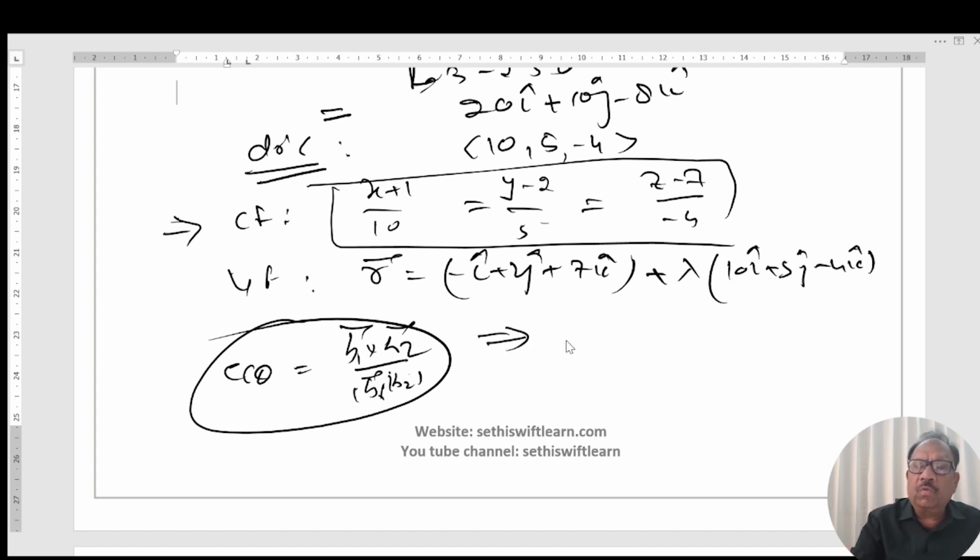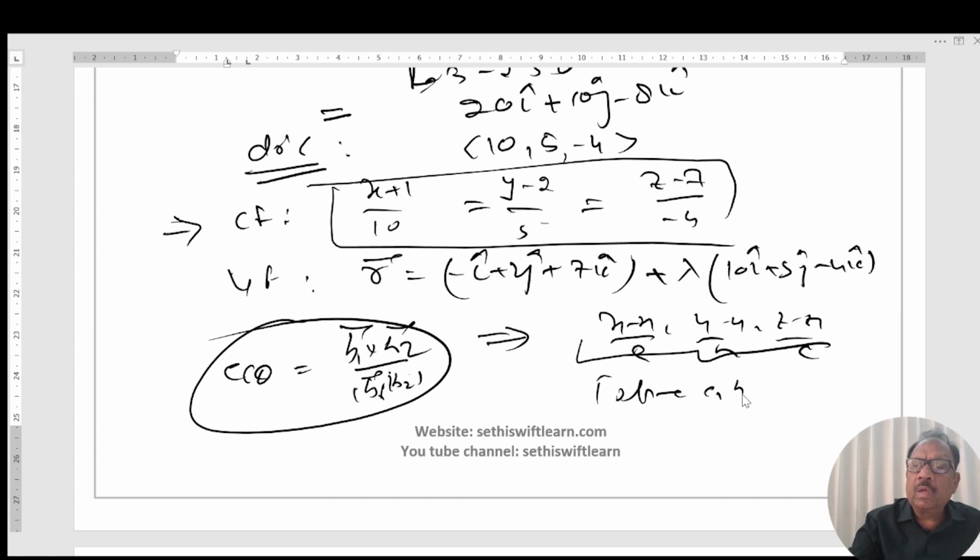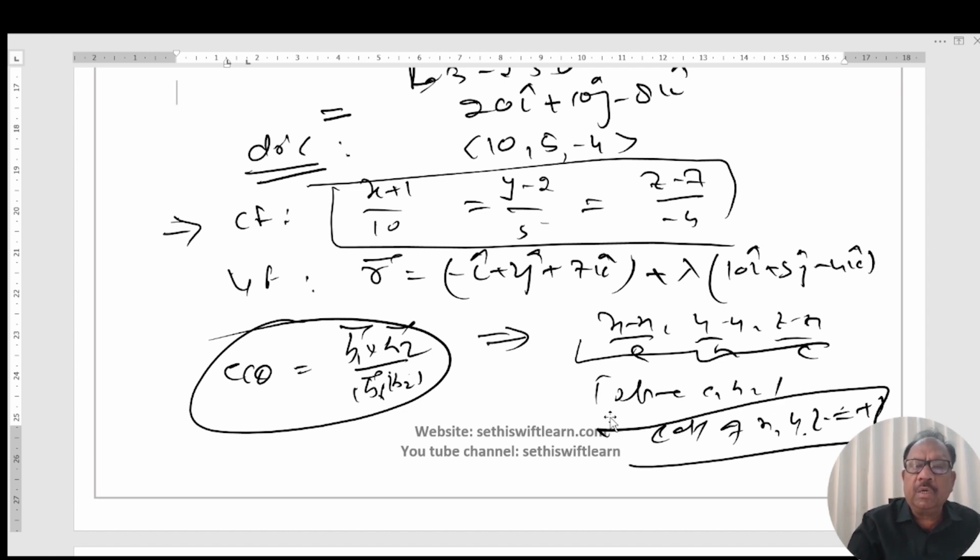Parallel means we have to take the passing point, and the same direction as the other line is to be taken: (x minus x1), (y minus y1), (z minus z1) upon a, b, c. To find a, b, c, the coefficient of x, y, z should be equal to plus 1. Then we can find a, b, c.